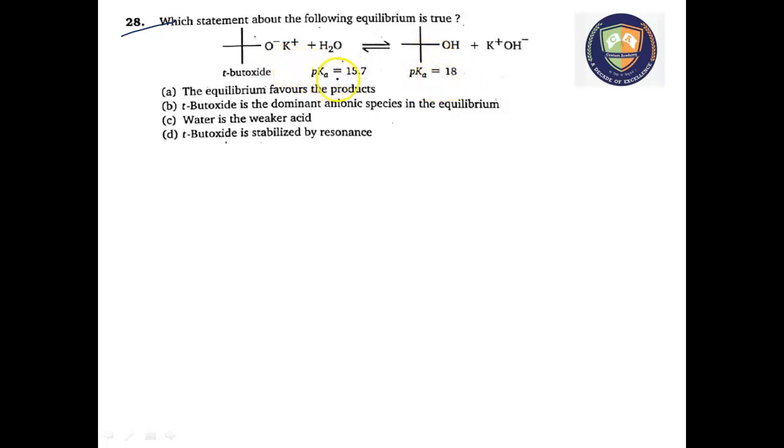Since water has a lower pKa, it will be more acidic, so it will easily lose its proton. Water has H plus and OH negative, and it will easily lose this H plus because it has a lower pKa value.